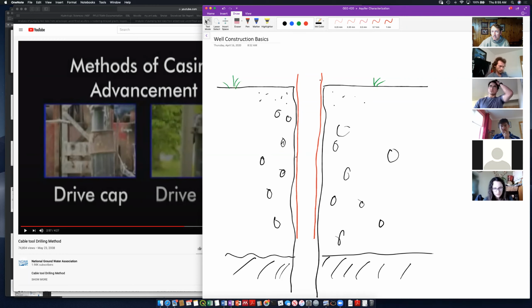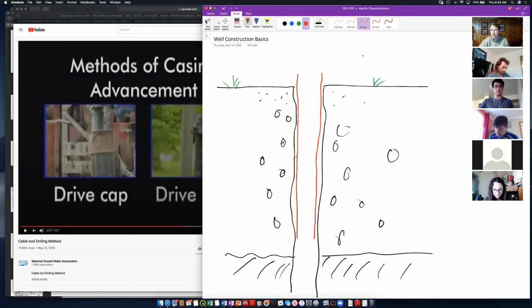All right, so casing is just a metal or plastic pipe. In most cases today, we're going to do PVC because it's cheap and it's not affected by water. It doesn't rust. But a lot of old wells are cast iron casing.